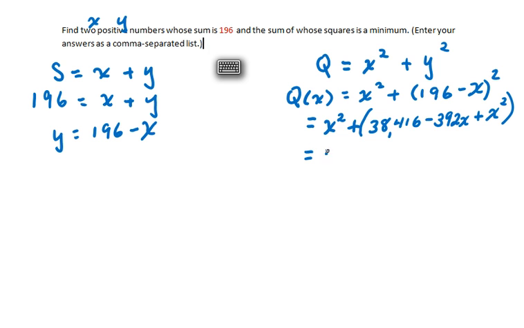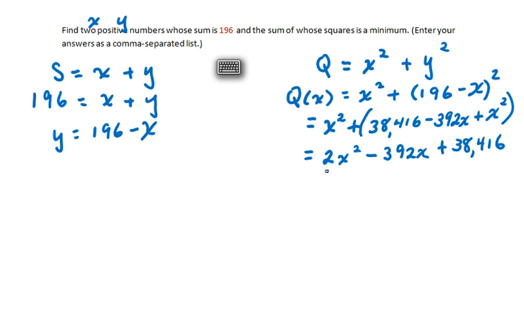Combining our x squareds, that gives us 2x squared minus 392x plus 38,416.